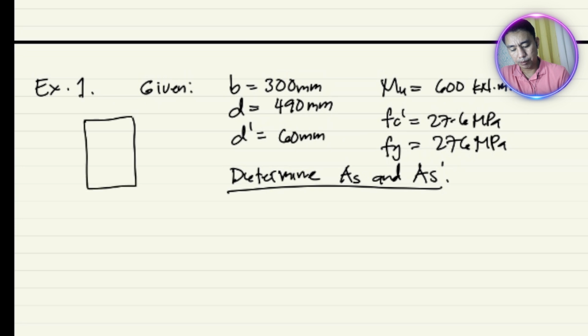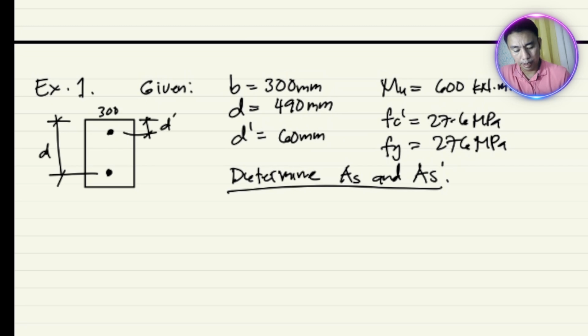We have a section of a beam, okay, where B is 300. So let's say this is 300. And then D is, ito yung D natin, 490. D prime is 60, meaning ito yung D prime. Okay?